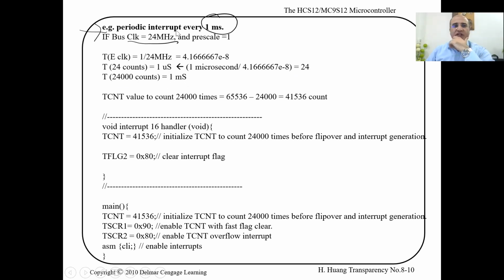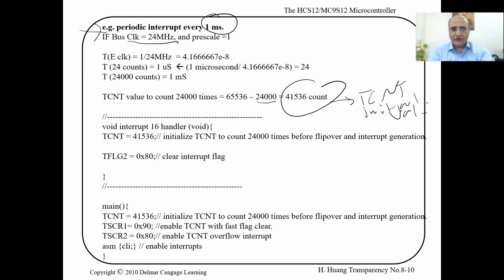So if we want to generate an interrupt every 1 millisecond, we need to make sure our Tcnt counts 24,000 times. We know it is 16-bit, so the maximum value is 65,535, but now we're talking about 24,000 counts to overflow. So this is the Tcnt initial value: 41,536.